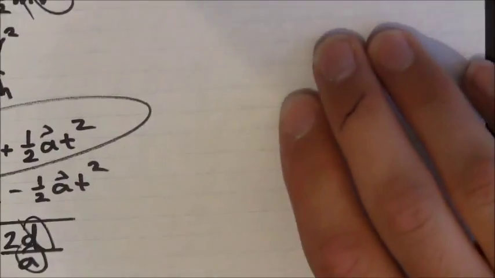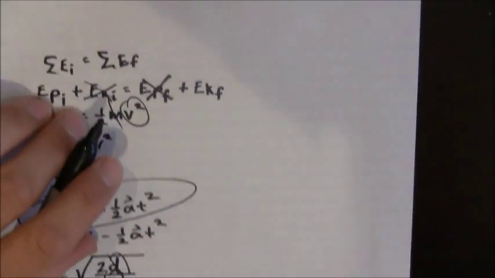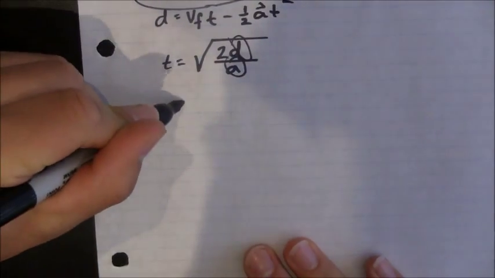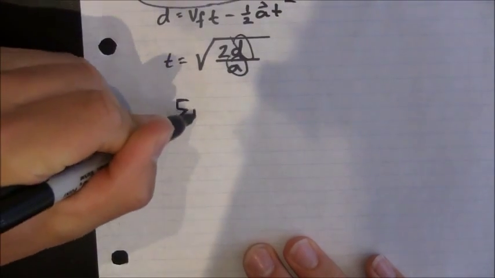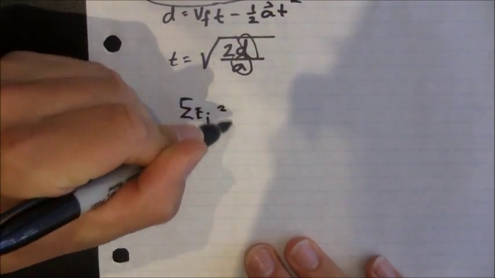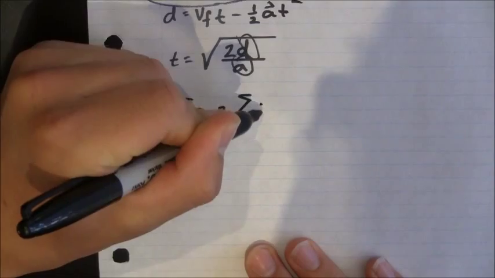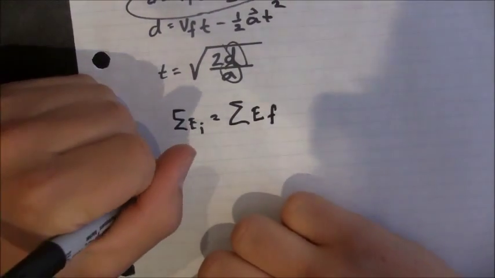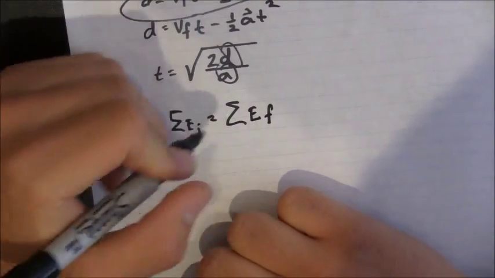What we need here is we need to go back to energy conservation. So let's just start from the top here. Let's say that the sum of initial energy equals the sum of final energy. And then we've got to do this all again, I'm sorry.